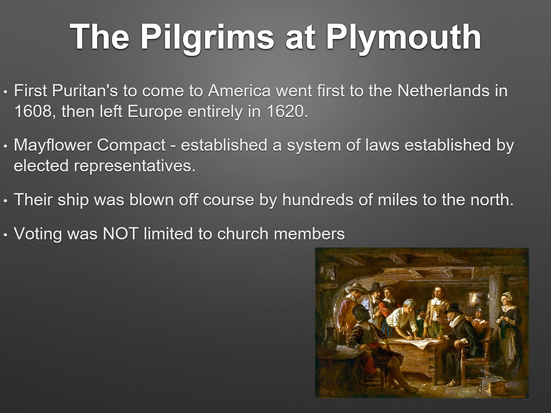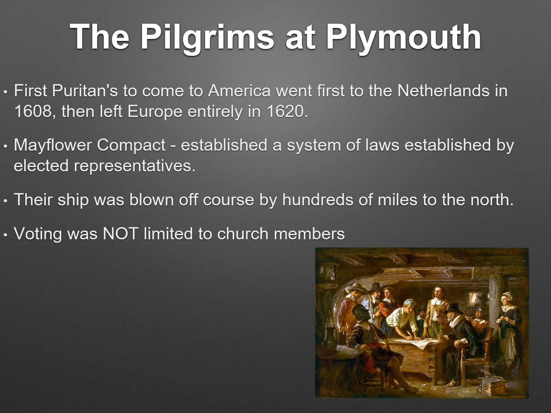So they leave Europe entirely in 1620 on the Mayflower and come here. The trip across the Atlantic was pretty rough. There were more who would not survive on this one. A bad storm would facilitate part of it. The other part was just supplies running out. They were blown off course by a couple of hundred miles to the north.